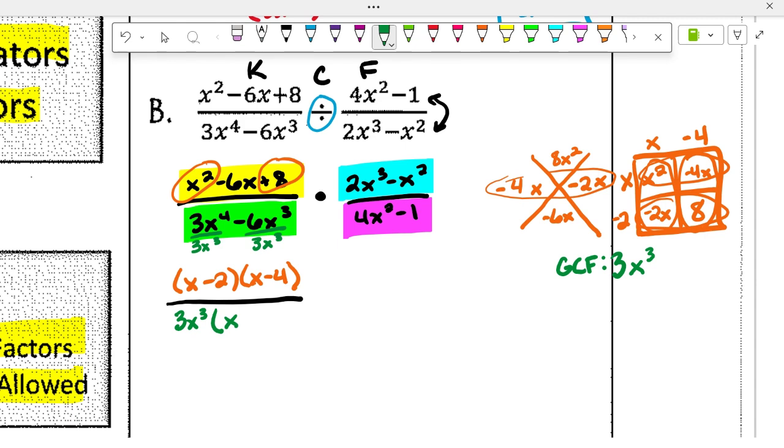What's negative 6 divided by 3? Negative 2. What's x cubed divided by x cubed? If you have 3 and you take away 3, how many do you have left? 0. So it's just 1, so we leave that alone. All right, times. That's our first fraction factor. Now let's factor the second one.